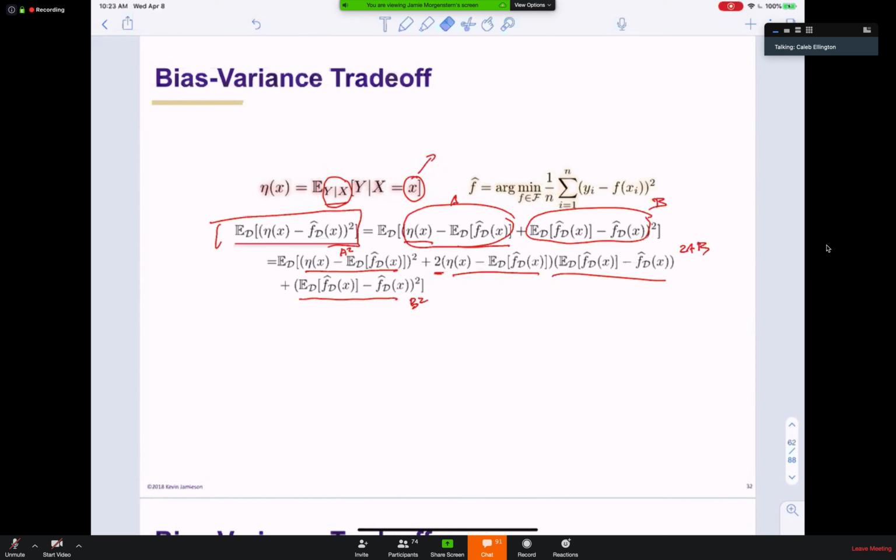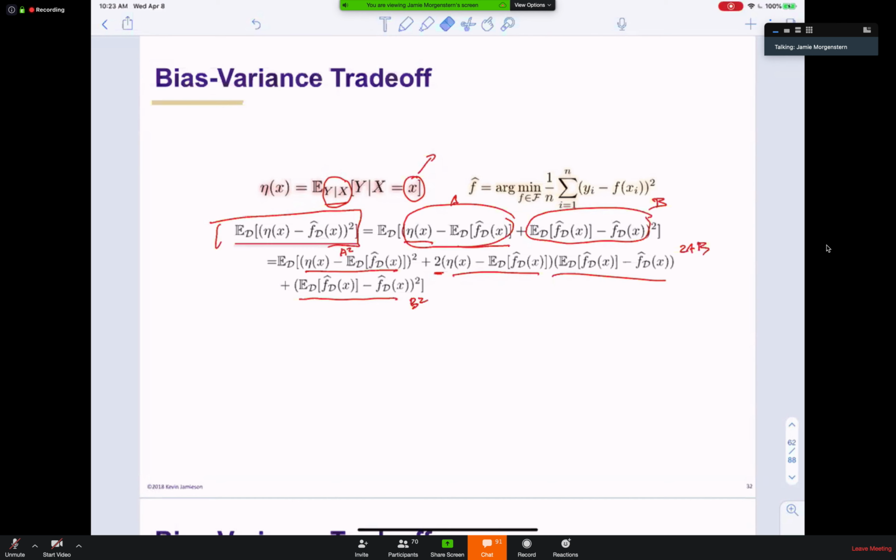I'm still kind of confused about the difference between f hat and eta, since they're both supposed to be mappings of x onto y. They're both mappings from x onto y, and they're both trying to do the same thing in some sense. But f hat is just a function of our training data, not the entire distribution.